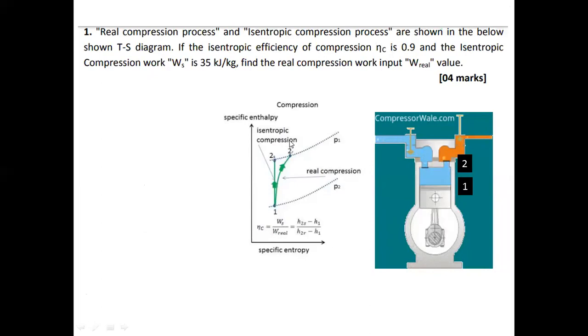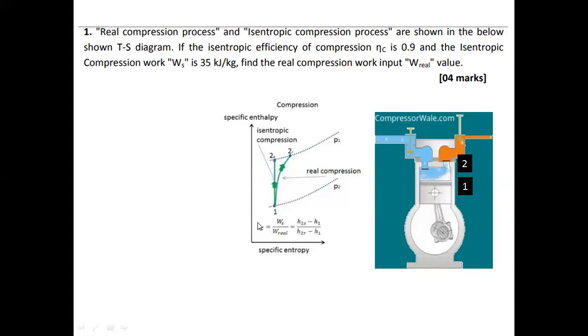And real is H2 real minus H1. So W real is H2 real minus H1. W isentropic, we call WS, is H2S minus H1, because W is H2 minus H1.